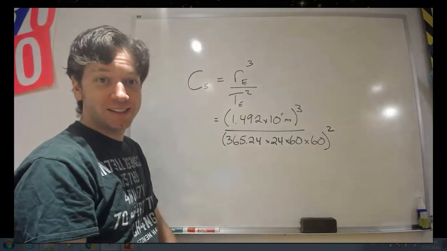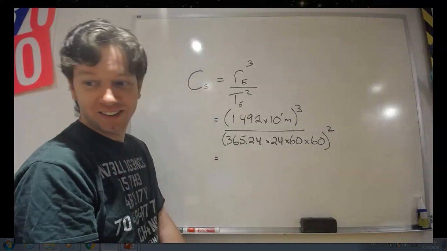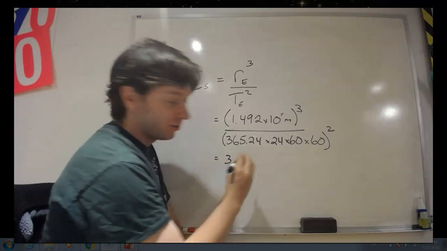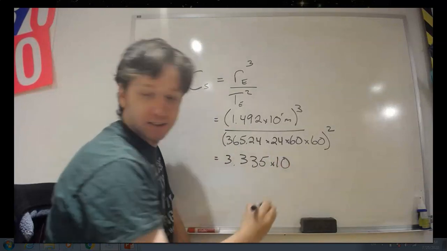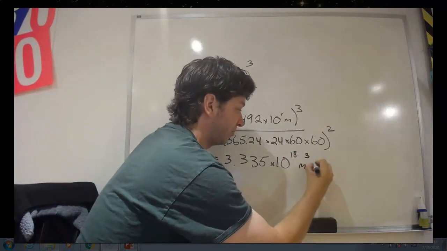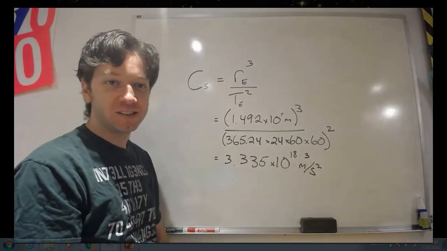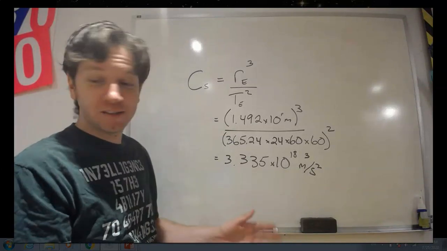See where the mistakes can come in? So try this on your calculator. You should get the same answer as me. All right, 3.335 times 10 to the 18 meters cubed per second squared. What do those units mean? It's a proportionality constant. That's it. All right, so that's part A.